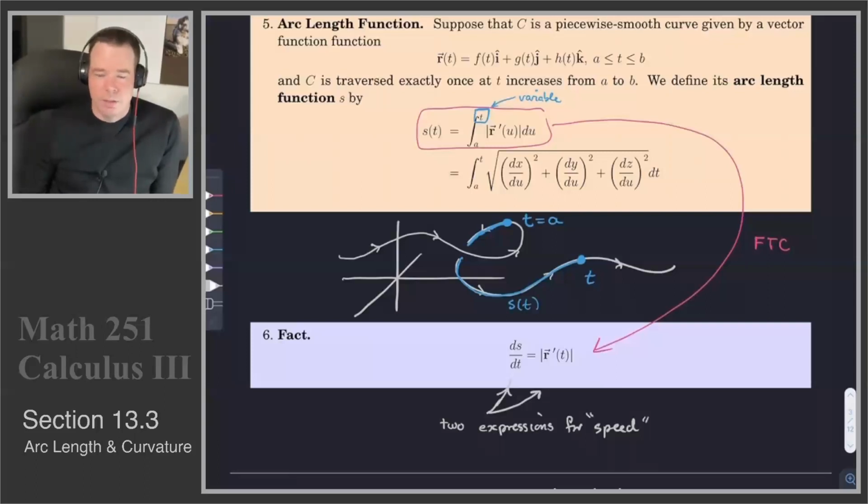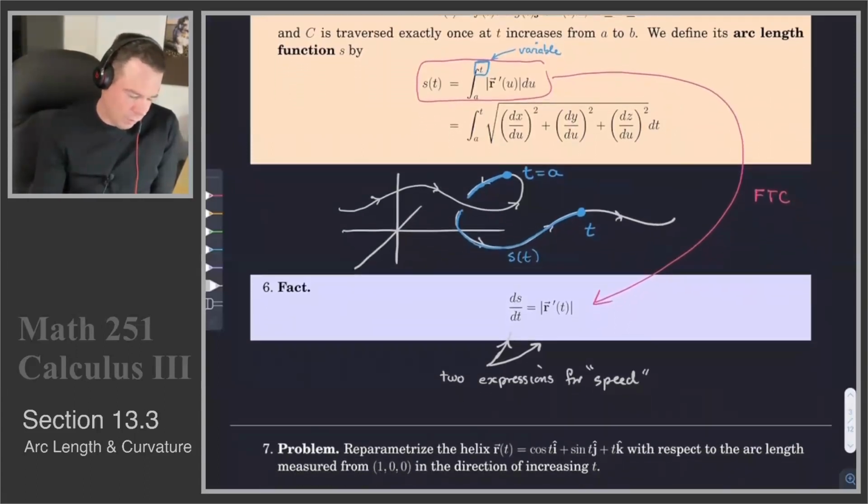The one on the right says you take your tangent vector to the curve, which is your velocity, and then you take the magnitude of that, and the magnitude of velocity is speed. So these are just two expressions for speed, but we're going to use this quite regularly through the rest of this section, that ds/dt is just the magnitude of r prime of t.